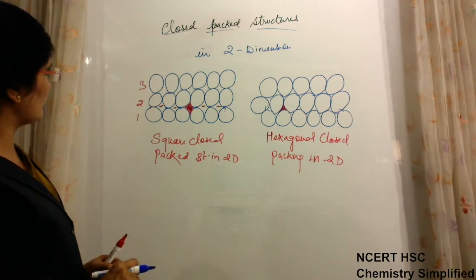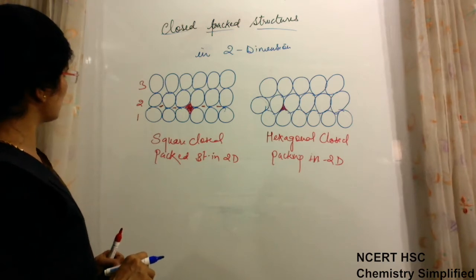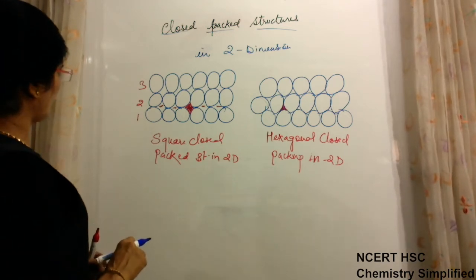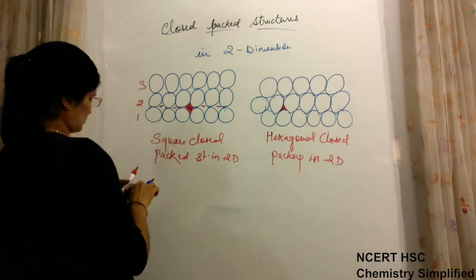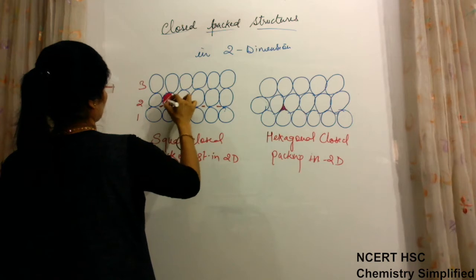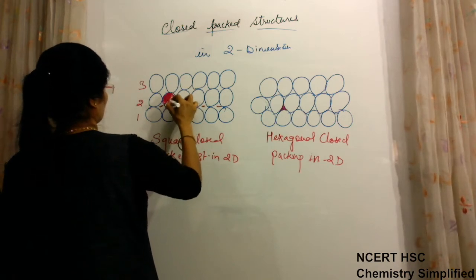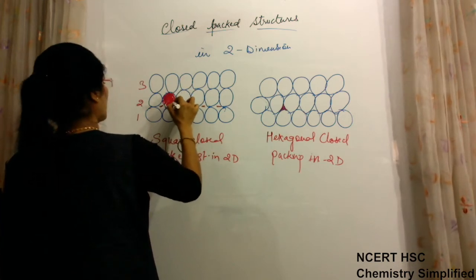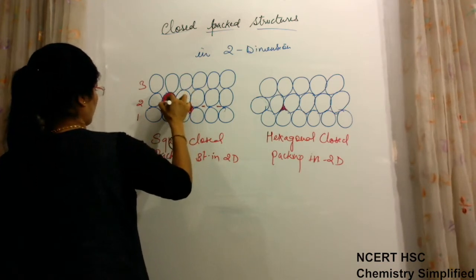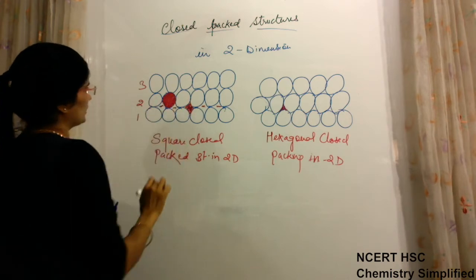we see any one particle in this. Let us see. Now let me talk about this particular particle. All particles will have the same value, but still we have to take any one particle in particular.